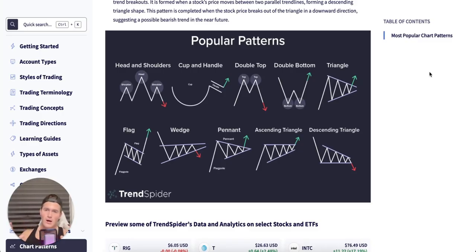I love when I see a head and shoulders pattern. Absolutely love it. A head and shoulders pattern is a reversal pattern, so you can profit and capitalize on this tremendously. And the probability of this playing out is very high.